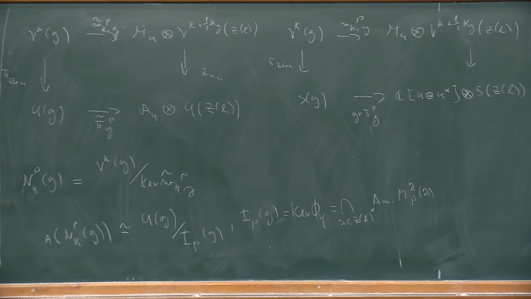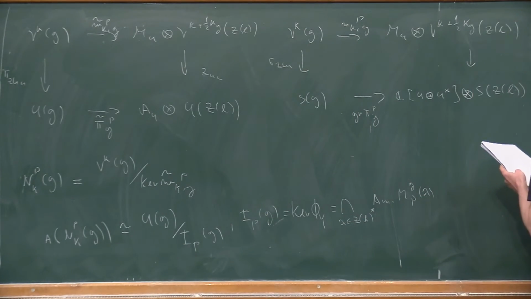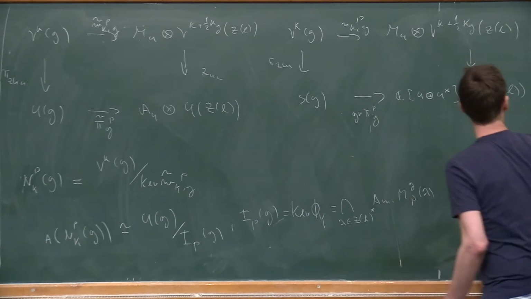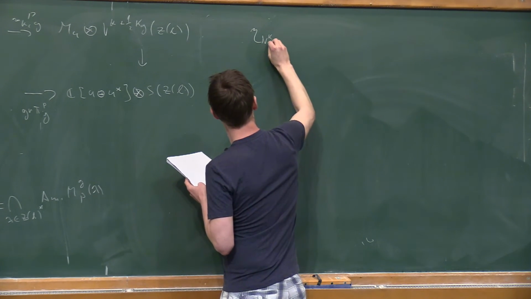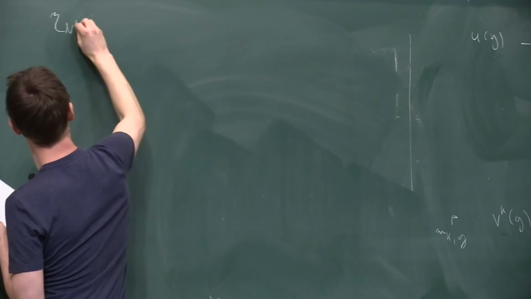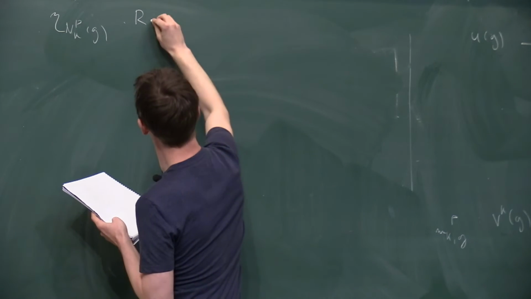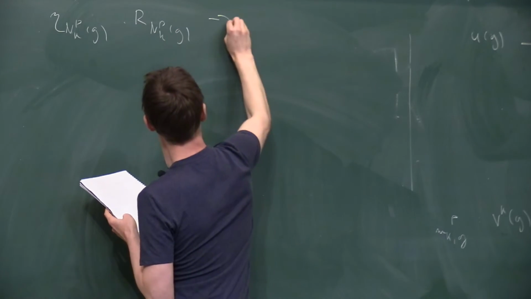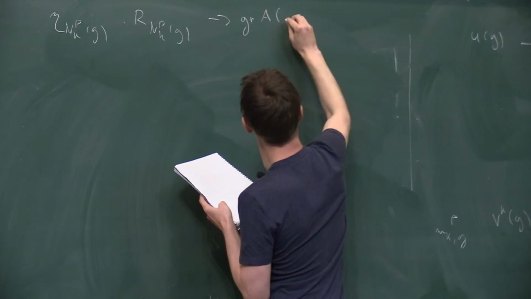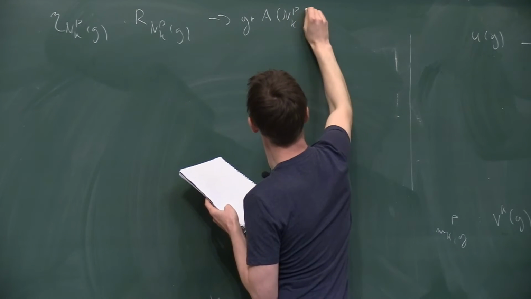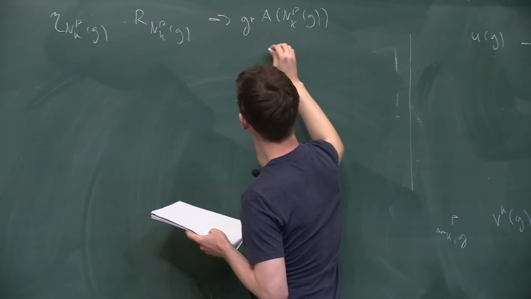To get information about the associated variety of the corresponding vertex algebra, we can use the fact that the canonical mapping for this vertex algebra, which goes from the Zhu C2 algebra to the graded algebra of Zhu's algebra, is in general just a surjective mapping, but it's possible to show that here it is an isomorphism.